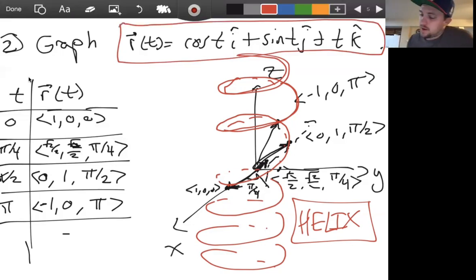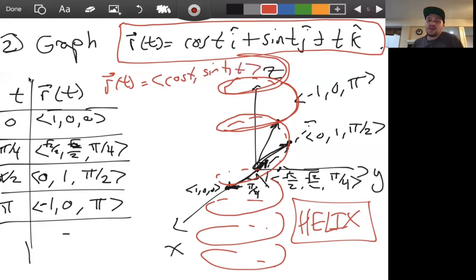The vector r of t equals cosine of t, sine of t, t describes a helix of radius 1 here.